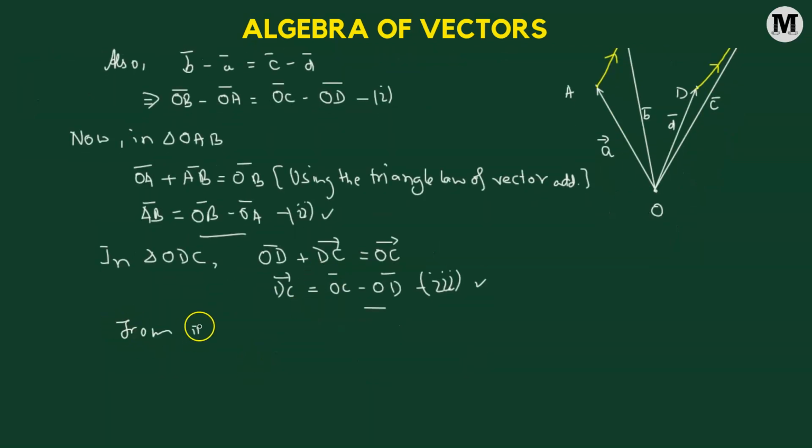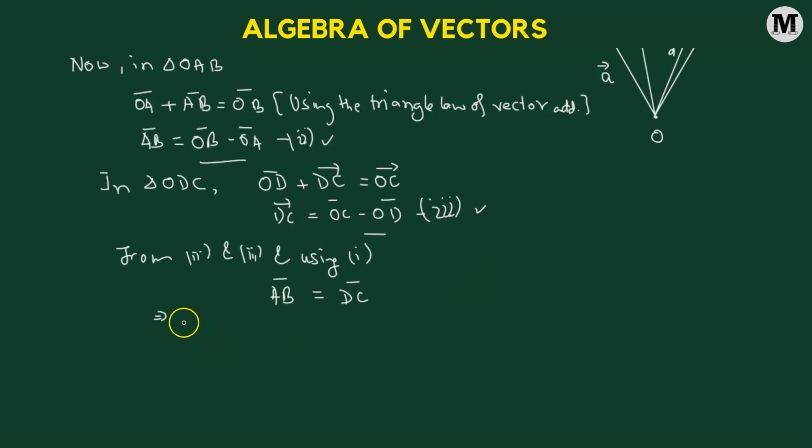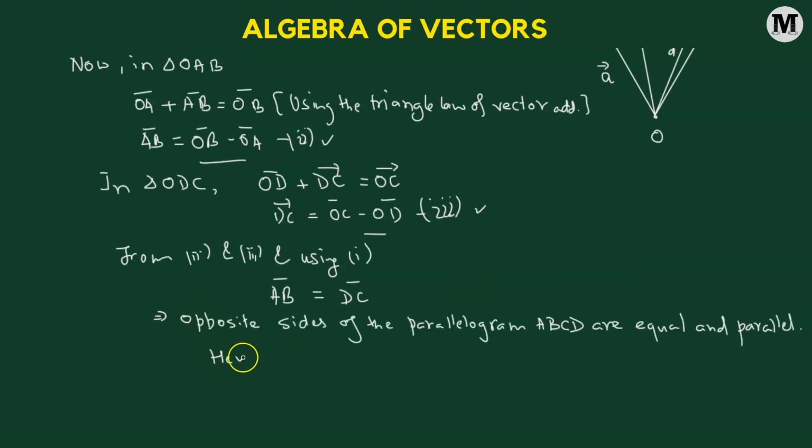So from 2 and 3 and using equation number 1, we have AB vector equals DC vector. Now this implies that the opposite sides of a parallelogram are equal and parallel. Hence we can successfully say that ABCD is a parallelogram. Hence proved.